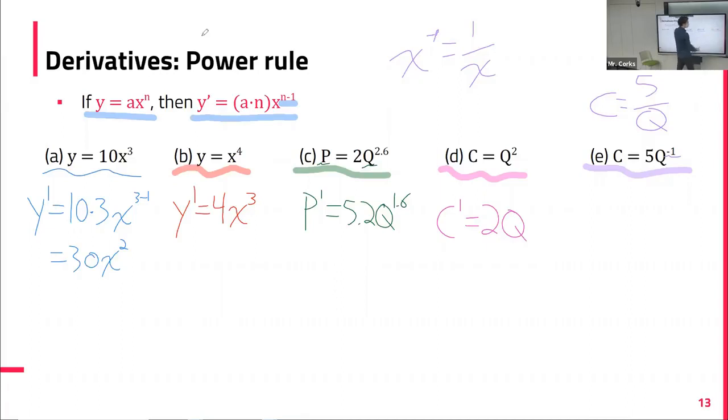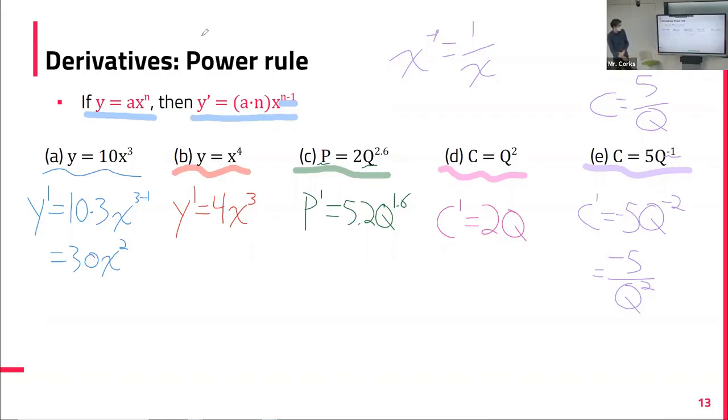So our derivative would be C prime equals -5 q to the -2. Okay, and again, let's say I don't like the negative exponent. How could I rewrite this? Okay, so -5 over q squared.